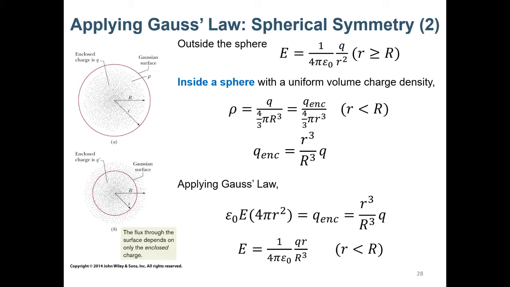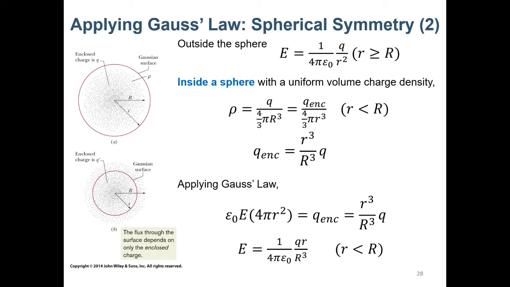So if we consider calculating the E field inside this sphere, let us consider the simple case first. When we consider the E field outside the sphere, we draw a Gaussian surface larger than this sphere.